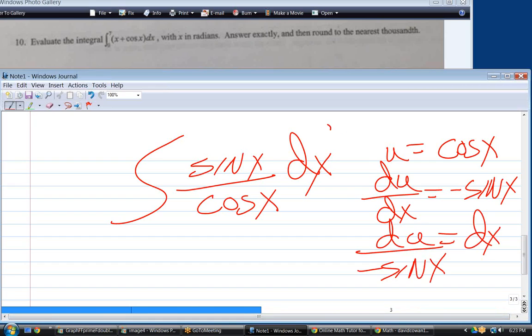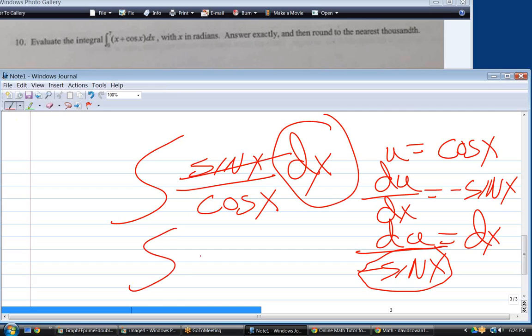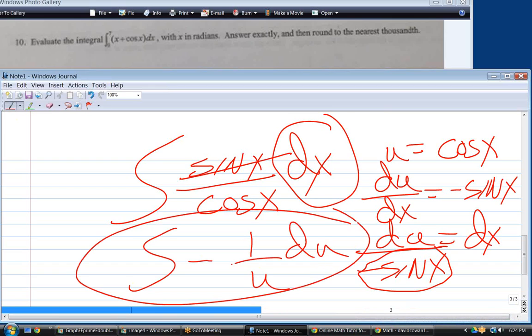Now when I substitute for dx, I'm going to end up with this sine x in the denominator, which is perfect because it'll be canceled out by that sine x, and I'll end up with the integral of negative 1 over u du, which is easy to do. The integral of 1 over u is natural log of u.